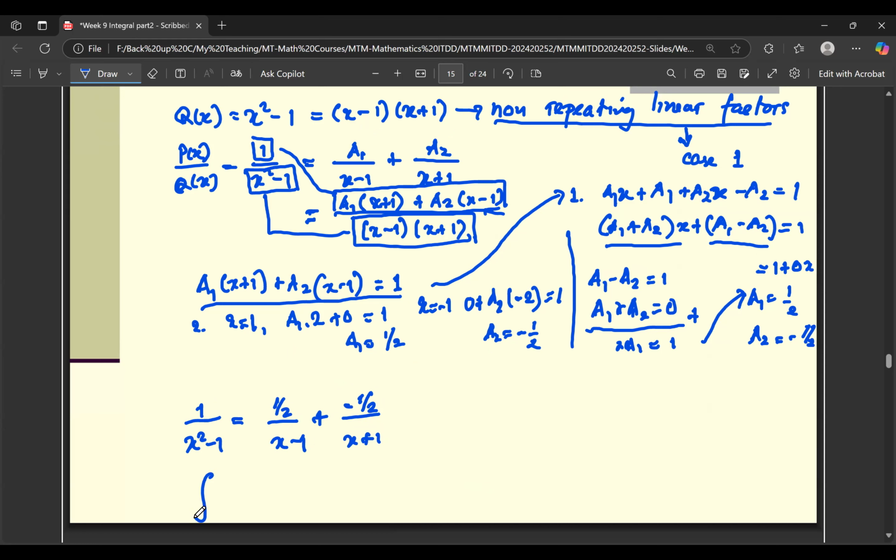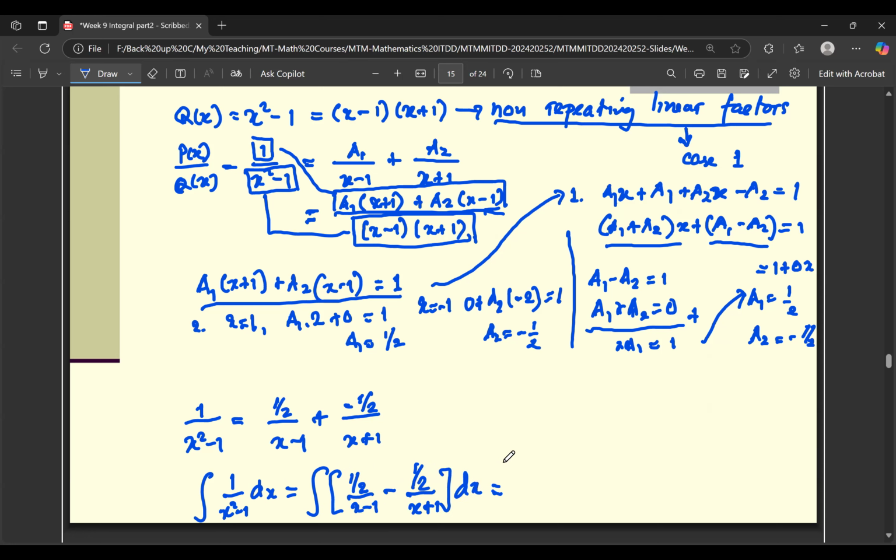So if you want to get the integral of 1 over x squared minus 1 dx, you can replace this integrand by 1 over 2 times 1 over x minus 1 and minus 1 over 2 times 1 over x plus 1.